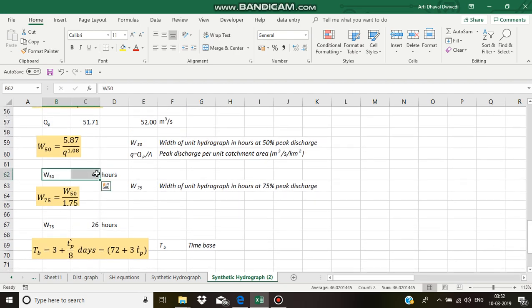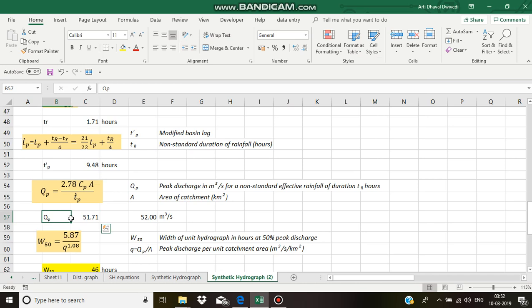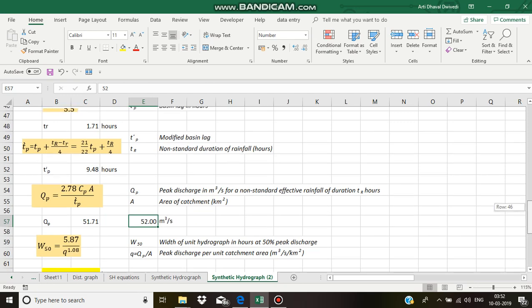W50 is 46 hours. W75 is 26 hours, and QP is 51.7, or you can say 52 meter cube per second.